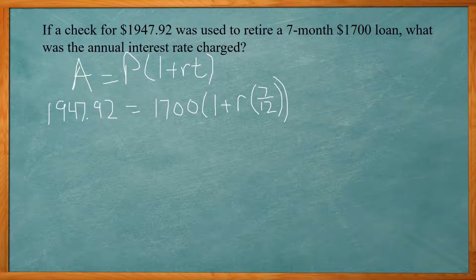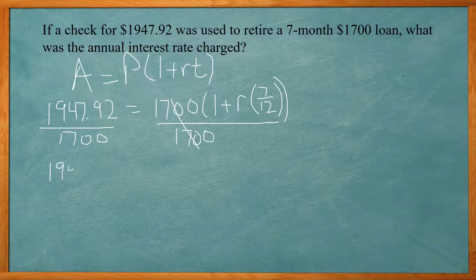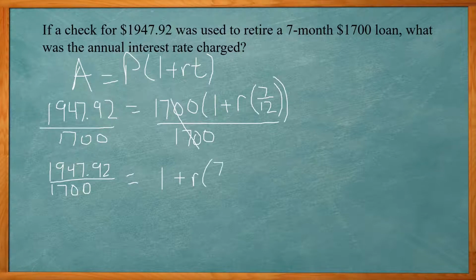Okay, so the first thing I can do here is divide both sides by 1,700. It's going to become 1 over there. And I got 1947.92 over 1,700 equal 1 plus R times 7 over 12.